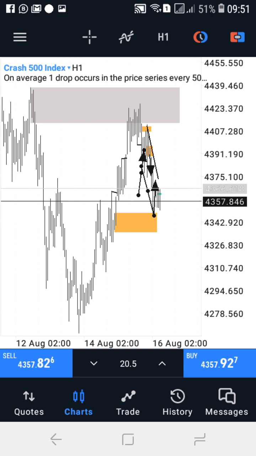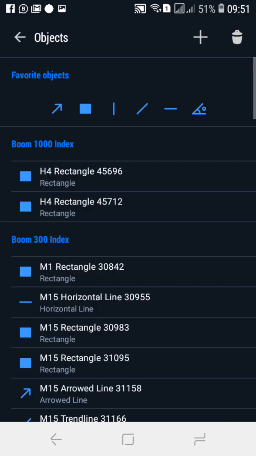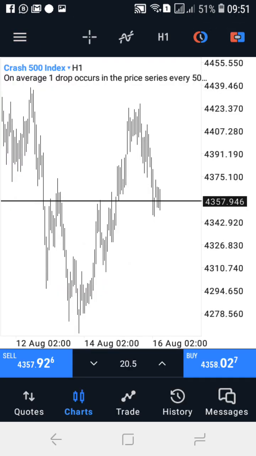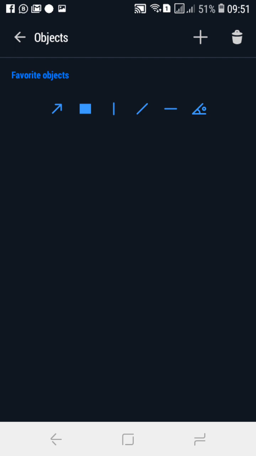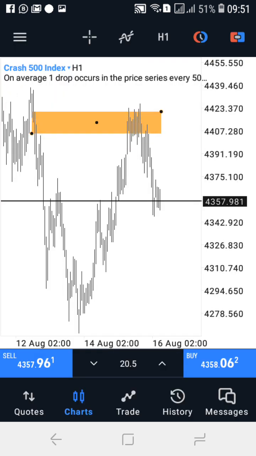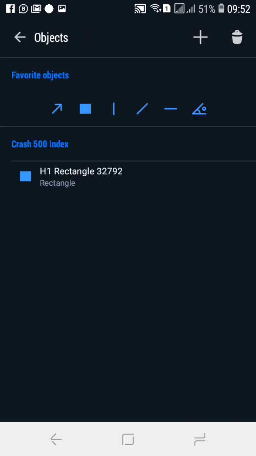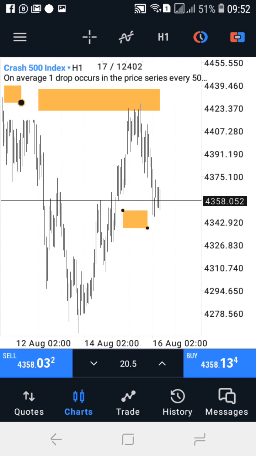I get this is a nice supply zone. So this is the supply zone right here, and then another supply zone right here.